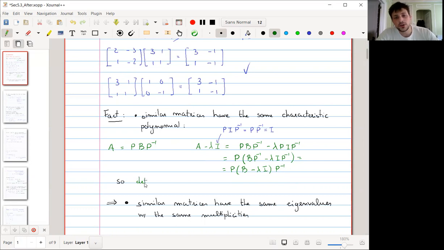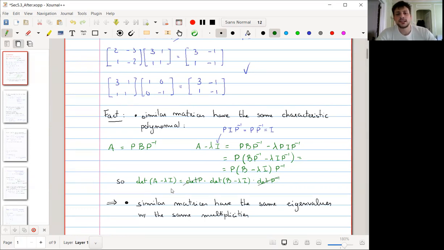In particular, the determinant of A minus lambda I is equal to the determinant of P times the determinant of B minus lambda I times the determinant of P inverse. But the determinant of P times the determinant of P inverse is 1.